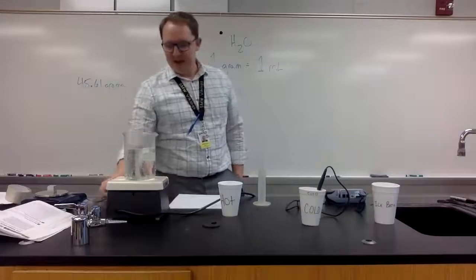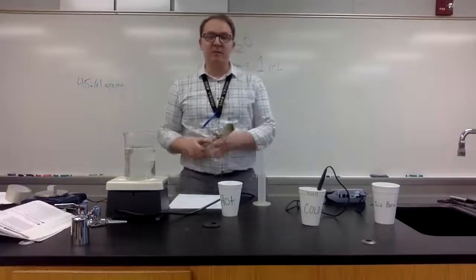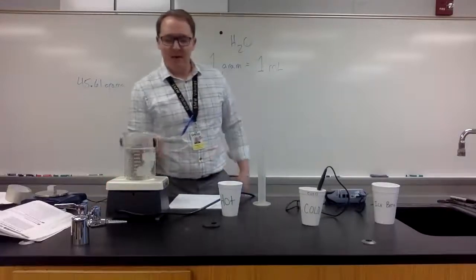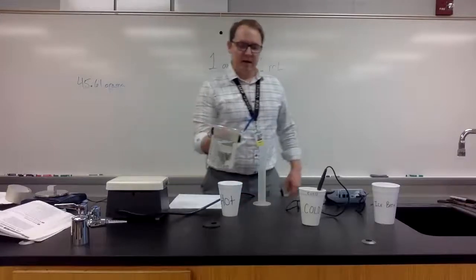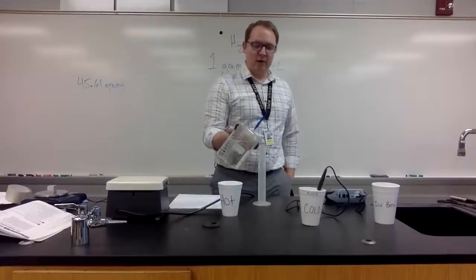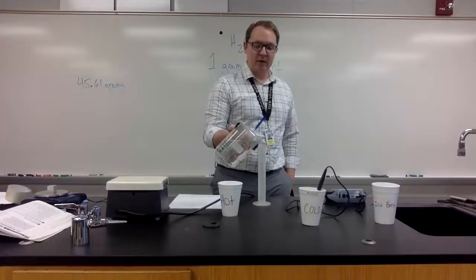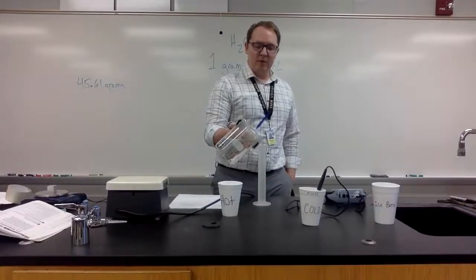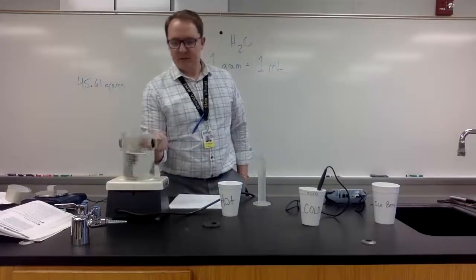I'm going to very carefully measure out 100 milliliters of that. We want the same mass of hot water as we have cold water. That's really important. The temperatures are going to be drastically different, but we don't want the mass to be different. There we go, 100 mils of that.